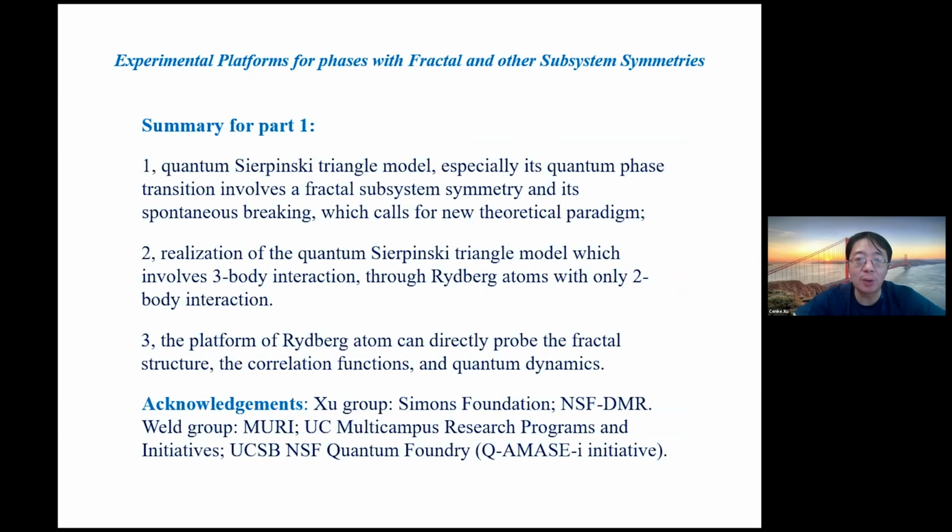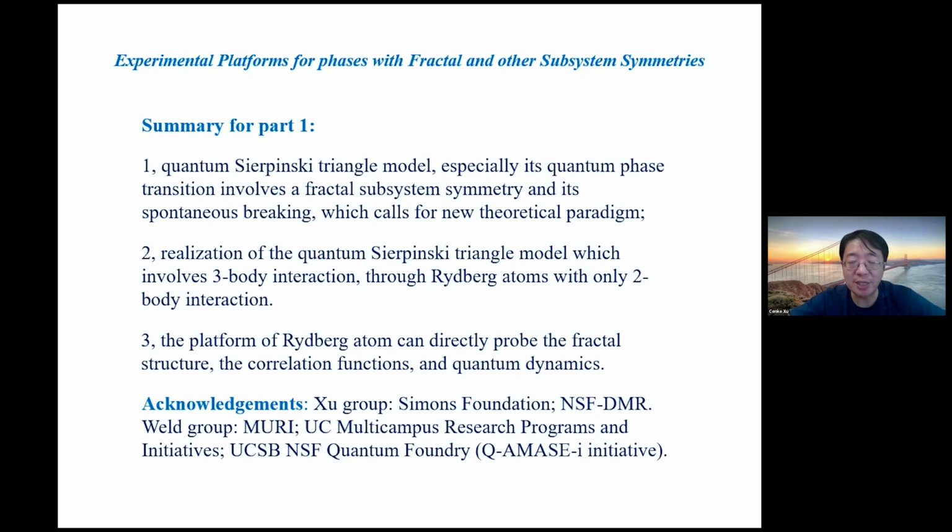So this is the last slide of part 1 of the talk. Basically, I want to say the quantum Sierpinski triangle model, although it's not fully understood, calls for a new theoretical paradigm to study various interesting properties of the fractal symmetry involved phase transition.